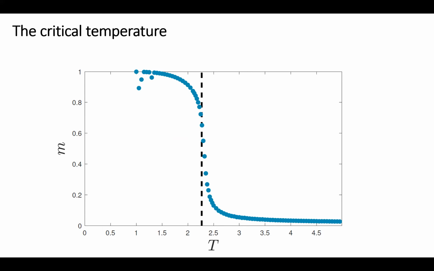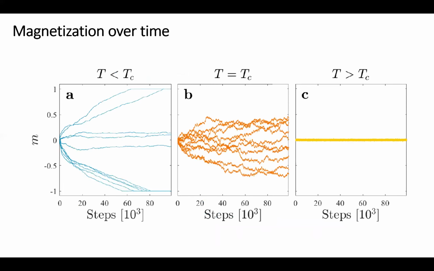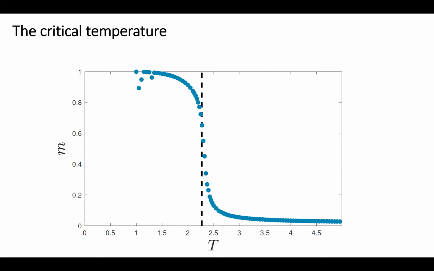If you run the system for a lot longer time and take the average, you still have cases where domains form in the opposite direction and the magnetization is lower. You see that these individual points still happen.